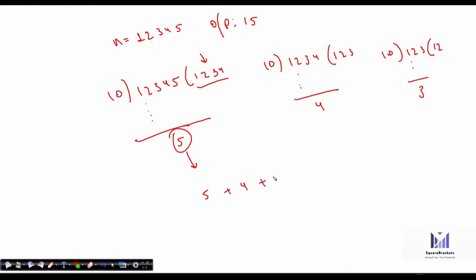So you will add 3. Now you have to divide 12. That will give you 2. So you will add 2, and finally dividing 1 by 10 gives you 1. Add 1. This is it. And now after adding, you will get 15. So this is the logic.